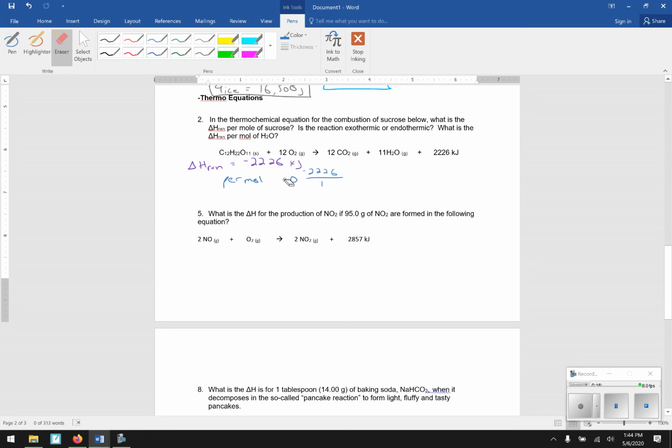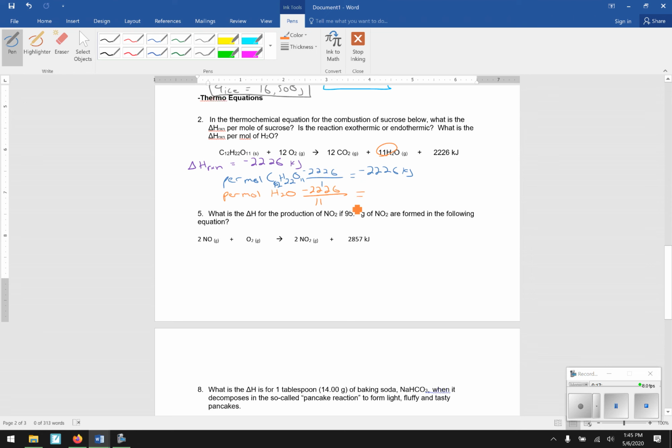Per sucrose, C12H22O11, it's just that divided by 1, which is negative 2,226 kilojoules per mole of sucrose. Per mole of H2O, it'll just be the overall reaction divided by 11, because you produce 11 moles of water every time you make this much heat.